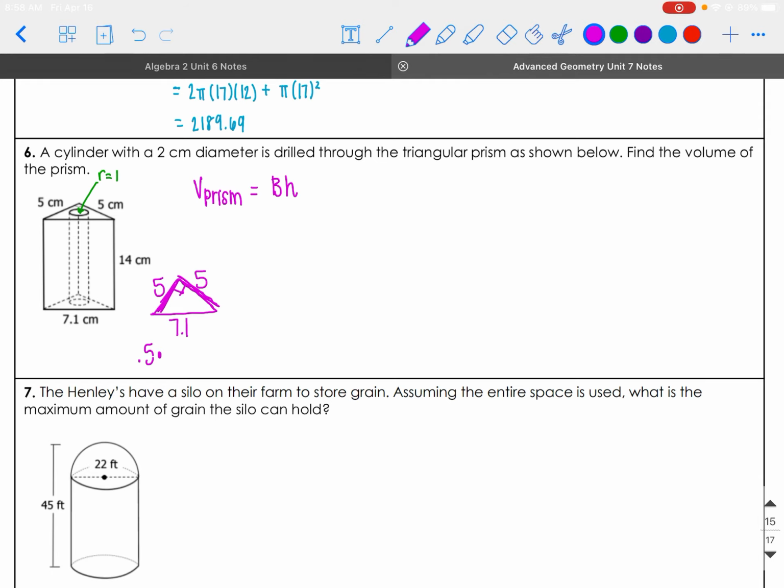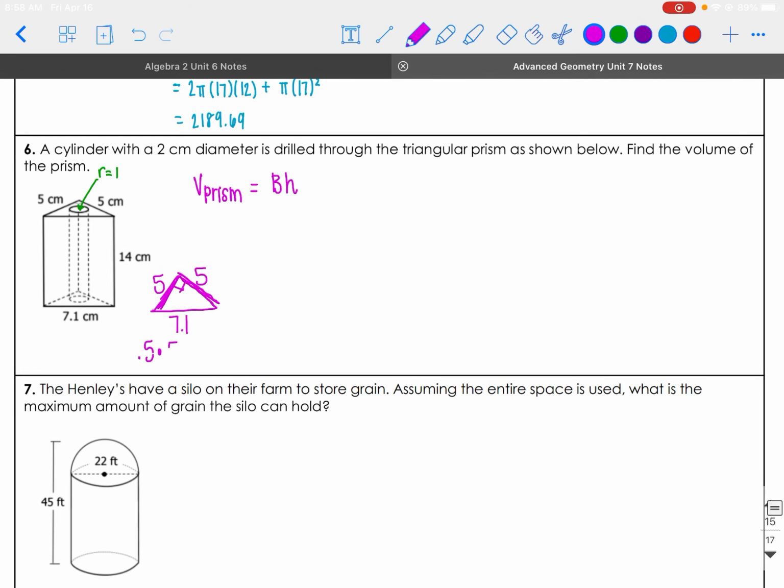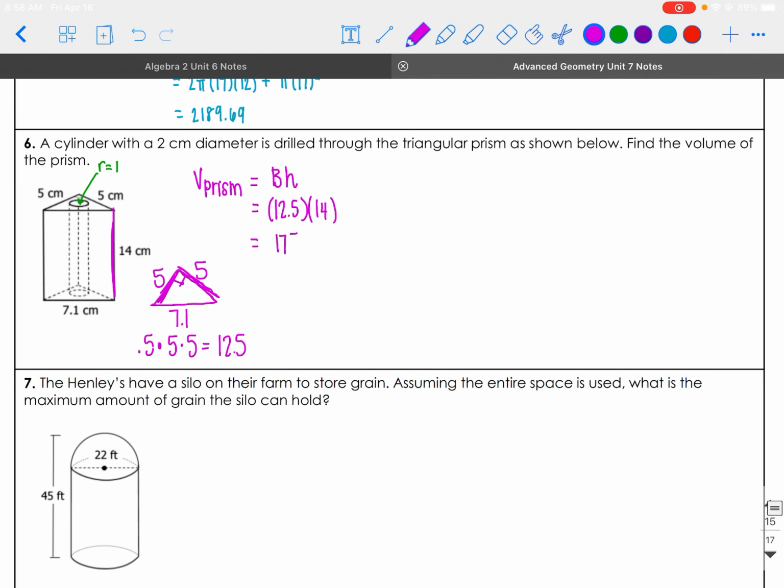Now remember, on a triangle, your base and height are what create the 90-degree angle. So half times 5 times 5. That's 12.5. So 12.5 times the height of the prism, which is 14. And this is 175.